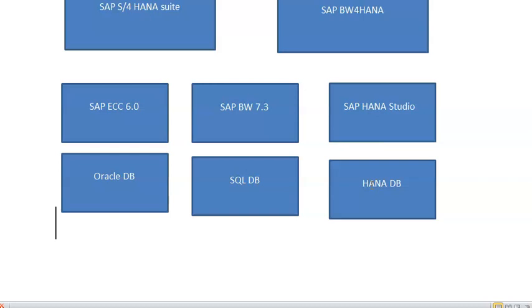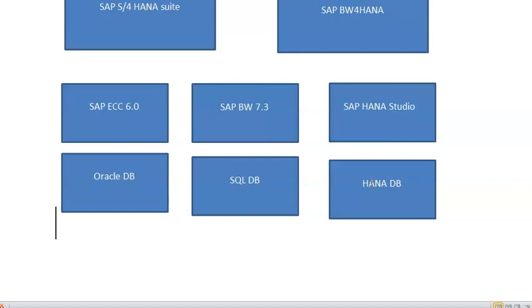What do I mean by that? Let's take an example. They took a scenario where the client is waiting 1 hour to get a particular report. They demonstrated through HANA Studio that it would be presented in less than a second.